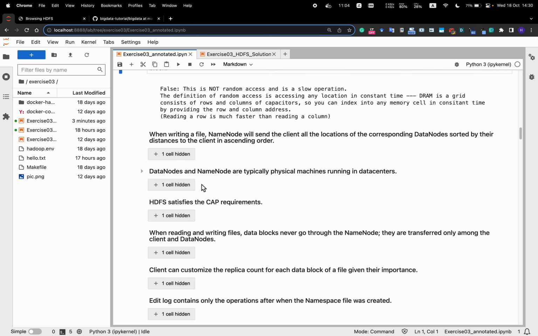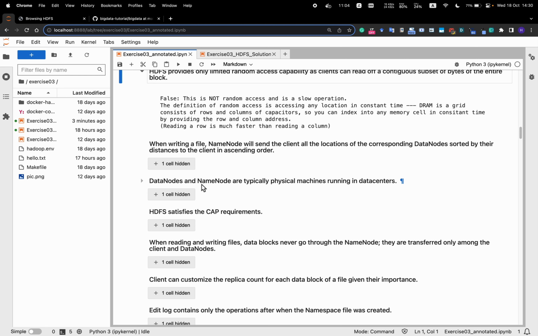Next one. When writing a file, the name node will send the client all the locations of the corresponding data nodes sorted by their distance to the client in ascending order. It's a pretty long statement, and it's hard to make up something that long, but this is true.